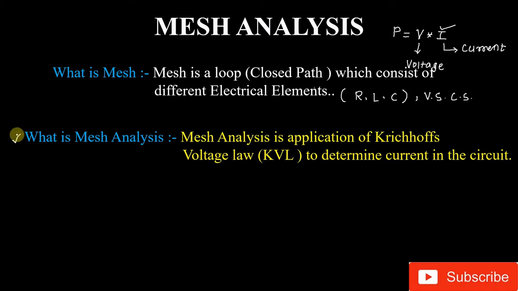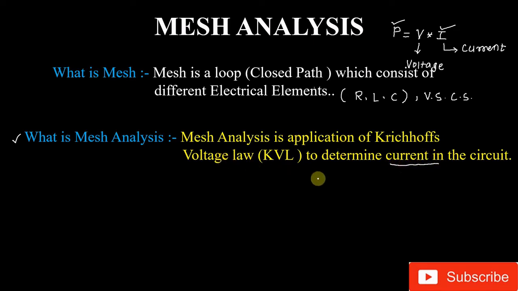Mesh analysis is basically the application of Kirchhoff's voltage law, that is called KVL, which is used to determine the current in the circuit. As I discussed when I told you about power, our aim is to find out the current by using mesh analysis. So this is the basic function of mesh analysis.